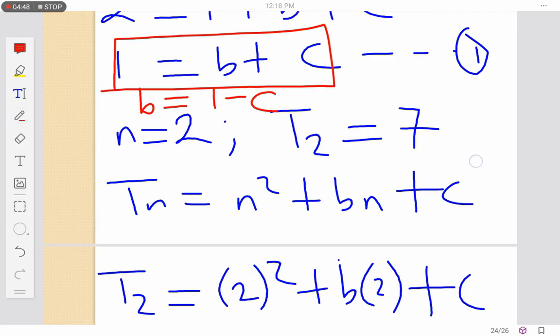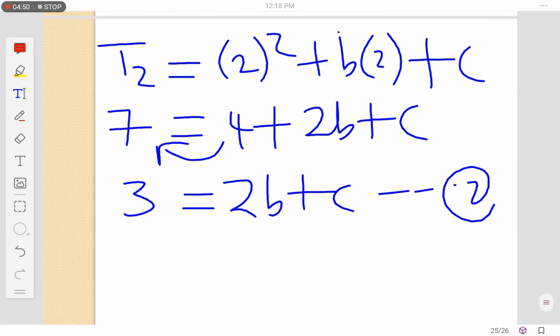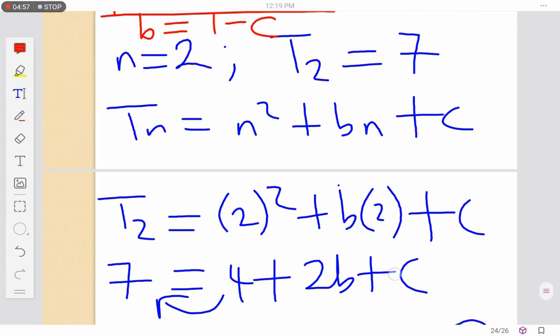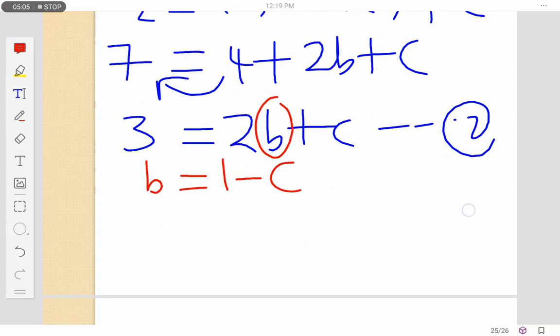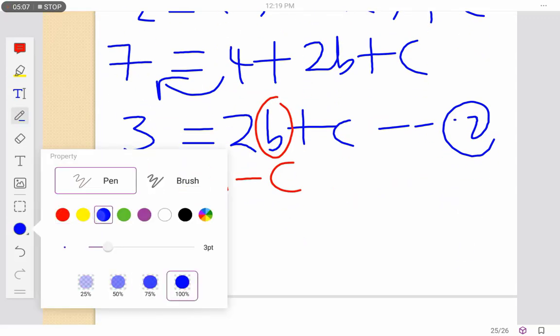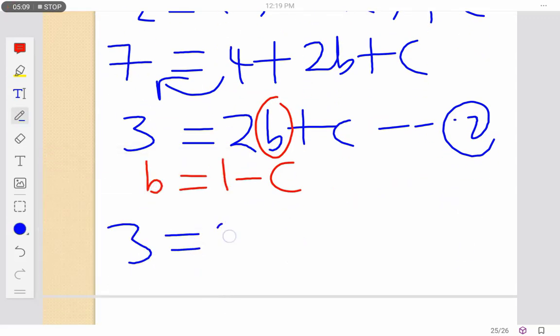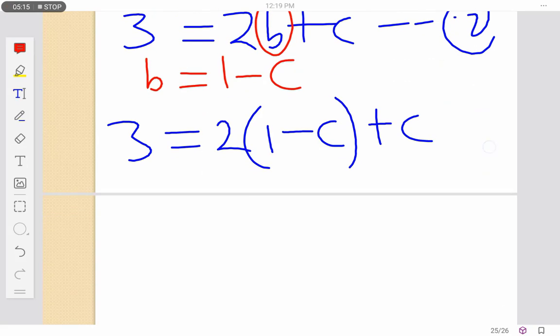Let's substitute that. So I'm going to substitute for b here. I'll end up having 3 is equal to 2 times (1 minus c) plus c.